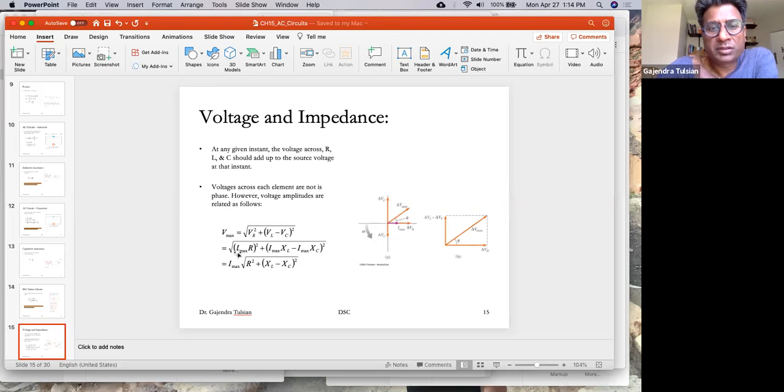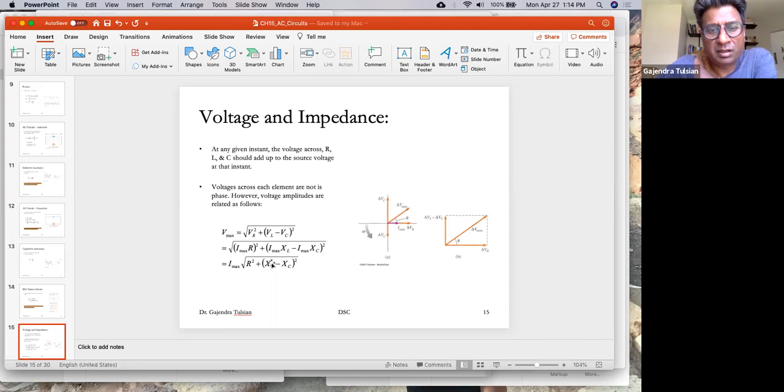And that, of course, is I max times R, I max times XL, I max times XC. You can simplify this. I max comes out and there's R squared plus XL minus XC squared, and there is the Z value.